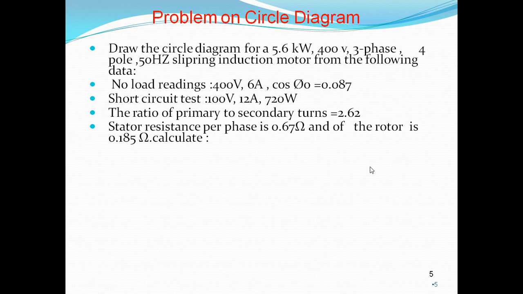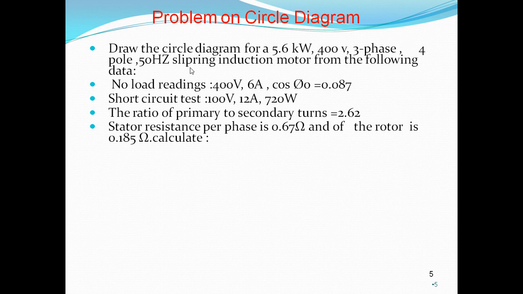So here we have a problem. Draw the circle diagram for a 5.6 kilowatt, 400 volt, 3 phase, 4 pole, 50 hertz slip ring induction motor from the following data.